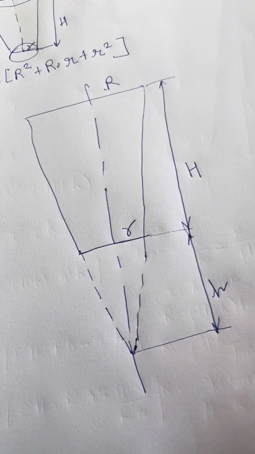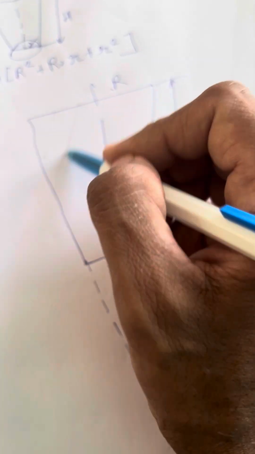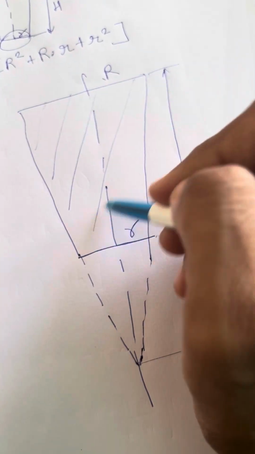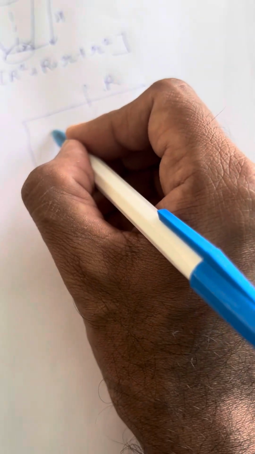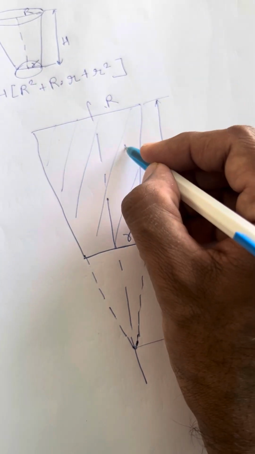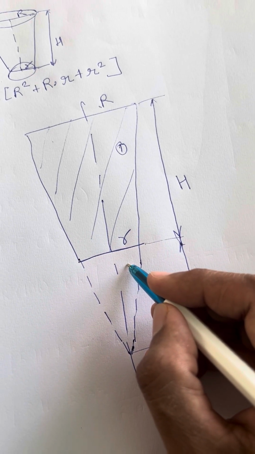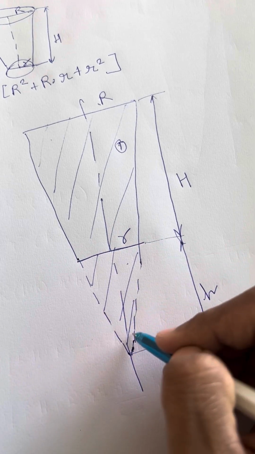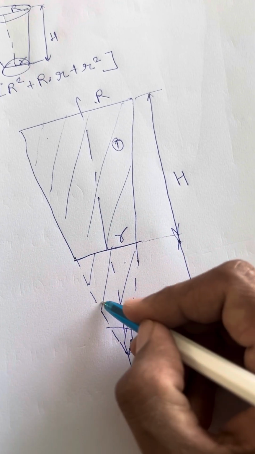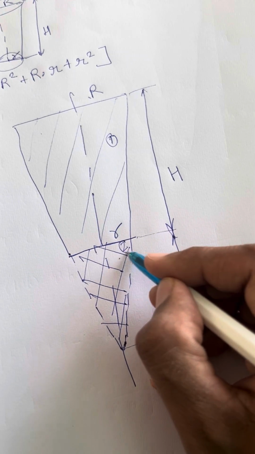So how do I derive the volume of this section? This section, say, is denoted by volume 1 minus volume 2, this is my volume 2.